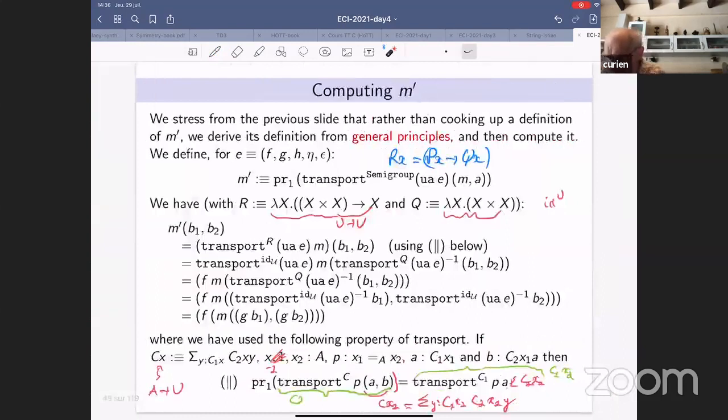So remember that we started from some E, which was a proof of equivalence, so F, G, H, eta, epsilon. So transporting relative to id_U, ua E, all of this simplifies to F by what I just said. So this guy is just F, M, and the rest. The rest is not changed.